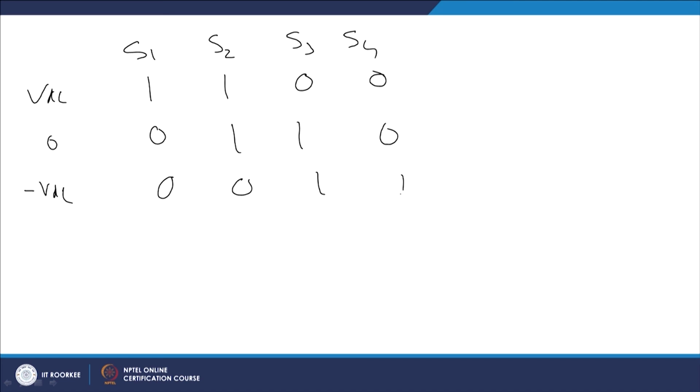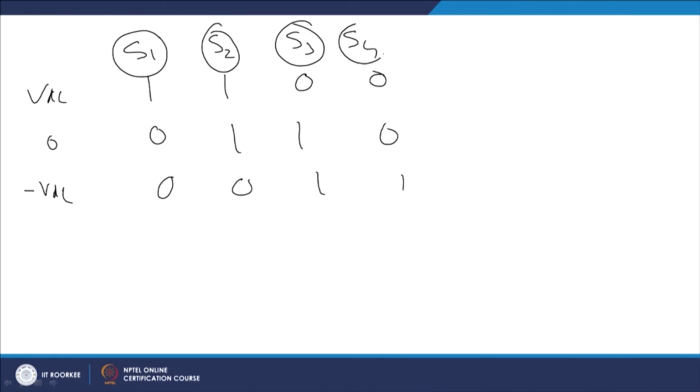So, from there you can see in the two tables that S1 and S3 are complementary to each other and S2 and S4 are complementary to each other. So, for this reason S3 can be written as S1 bar, S4 can be written as S2 bar. So, thus this nomenclature is used there.